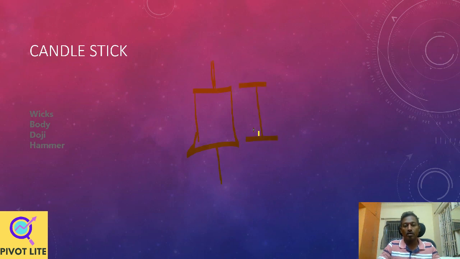This is called the body. This is called the wick, which means the top wick, and this is the bottom wick. The second one is body. As I said, this is the body of the candle.